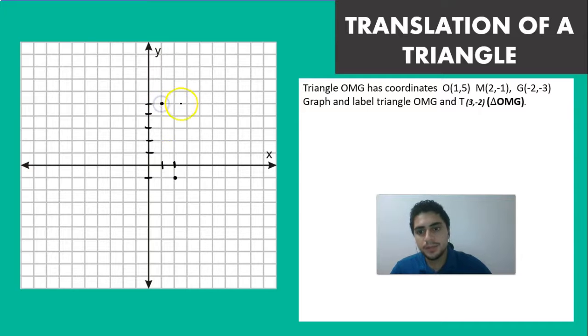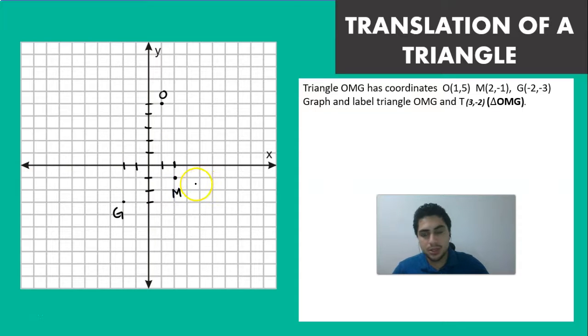So it's going to be here. And then we're going to have our point G, which is going to be on (minus 2, minus 3). So it's going to be on 1, 2, and then minus 3. So 1, 2, 3, right? And that is going to be our initial points. So, right, we have G here. We're going to have O over here, and we're going to have M over here.